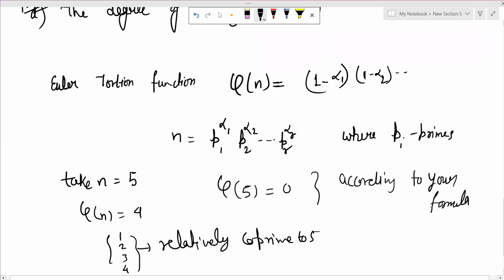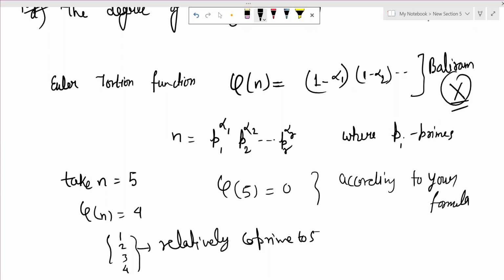So you can see your formula is incorrect, whatever your name, Balira. So this formula is incorrect. Anyone else? Muthukumar, do you know the formula of the Euler totient function?